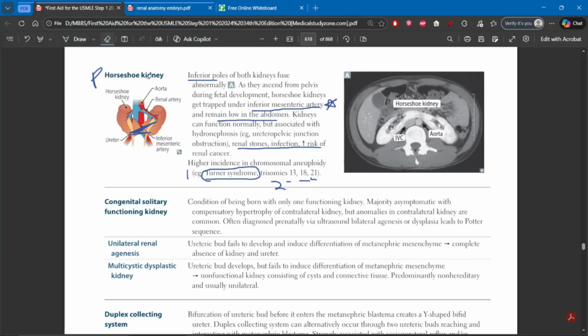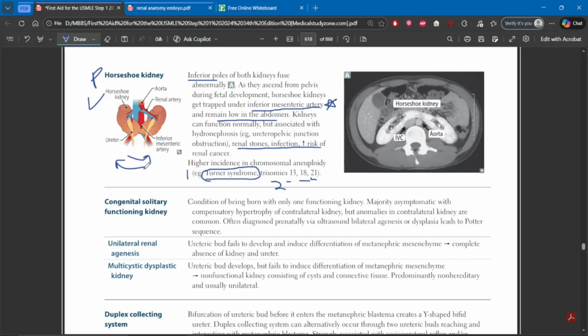If you could see this picture, concentrate on it. Because the kidneys are fused in the lower pole, some of their urinary tract is also fused. Some of the urine of this kidney passes on to the other kidney, and so this occurs.